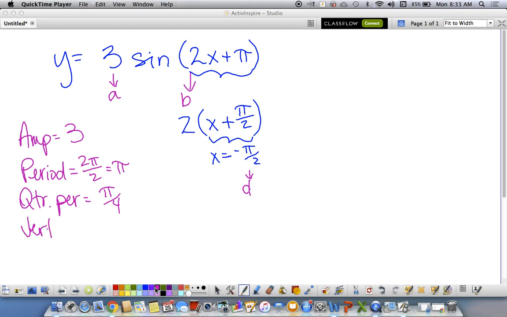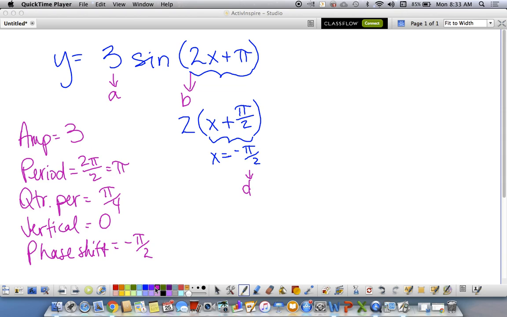What is it? What's our vertical shift? We don't have it. Okay, so it's what? 0. We didn't go up. We didn't go down. And our phase shift, I think we already answered that question, is negative pi over 2. I think this is the first one that we've moved to the left.